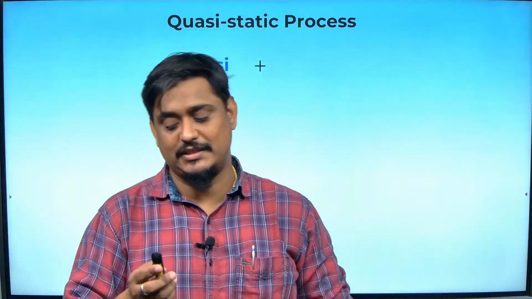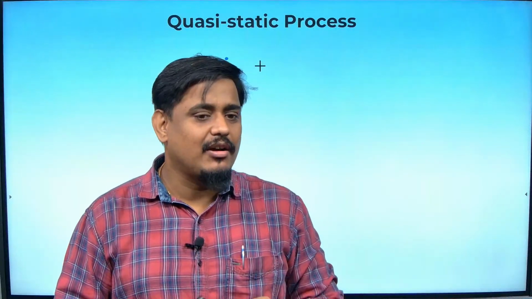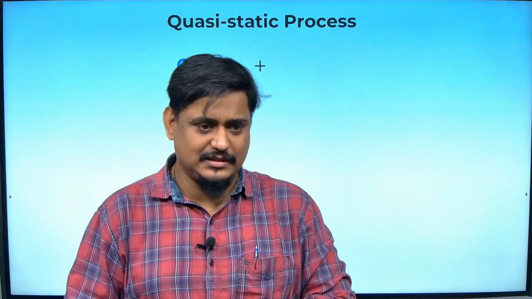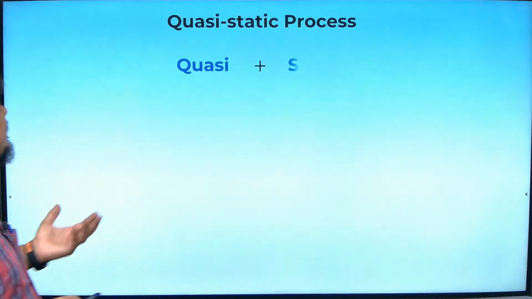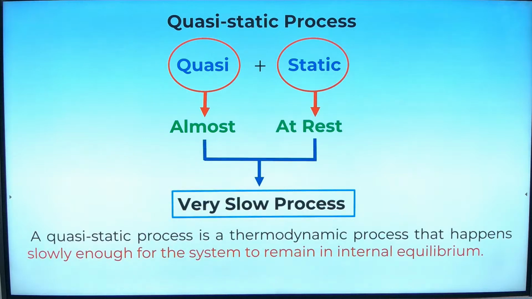Very slow. Quasi means very slow and static means at rest. So it is very slow as if it is seeming to be at rest. So it is almost at rest, a very slow process. It is called a quasi-static process.